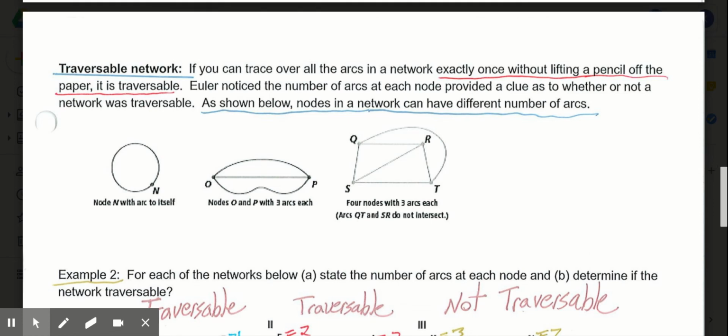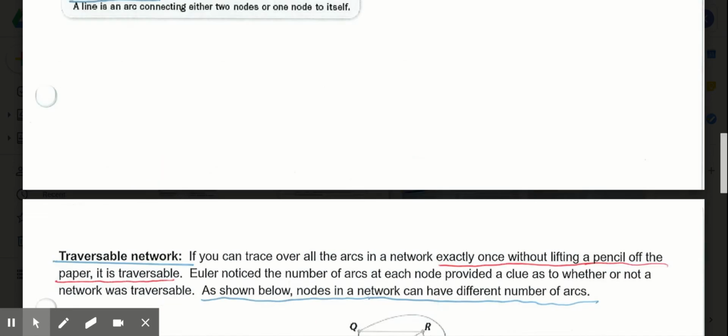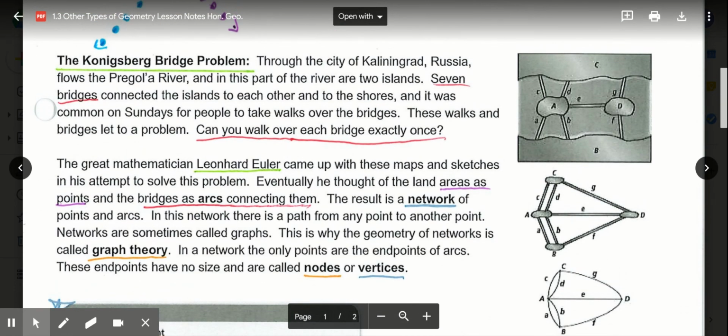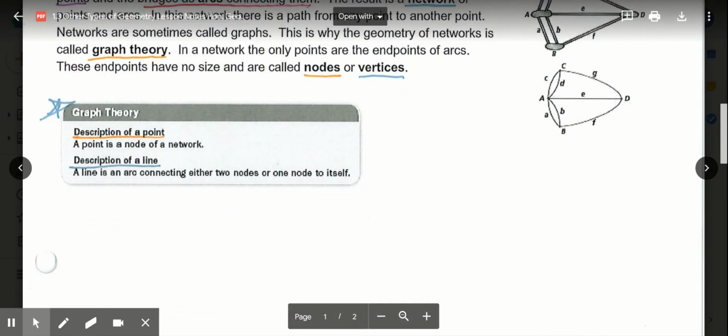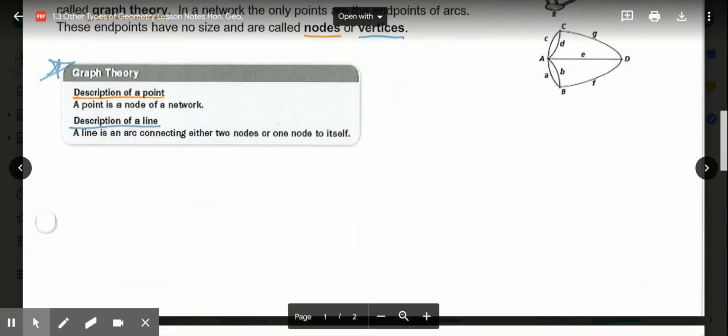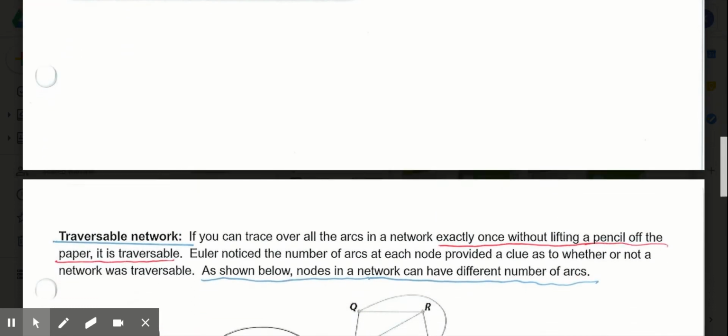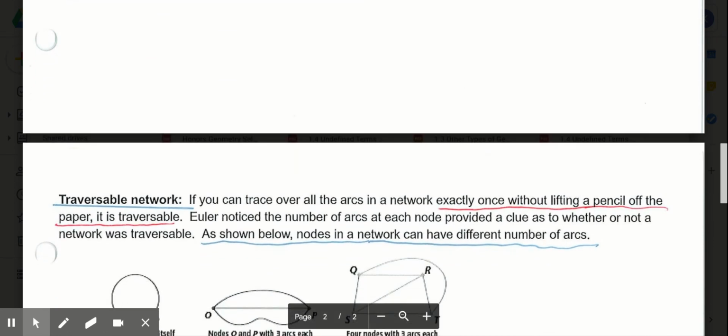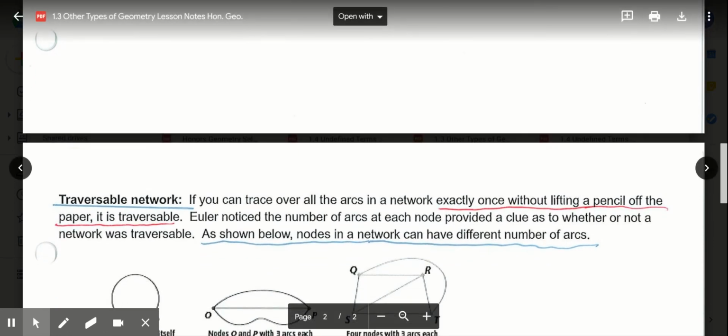And the idea that we wanted to look at, going way back to our Königsberg Bridge problem, is: can you walk over each bridge exactly once? Well, if we can trace a whole network exactly once without lifting a pencil, we call that a traversable network.